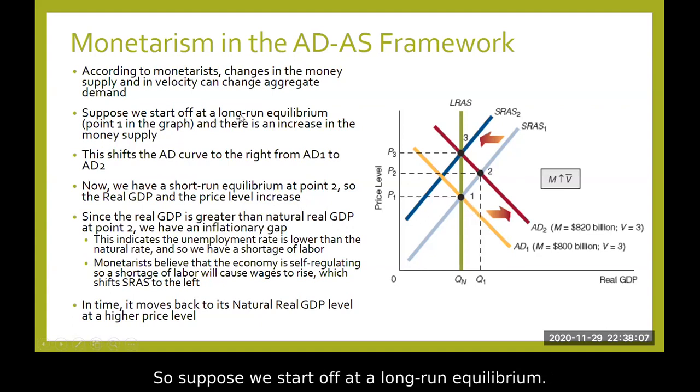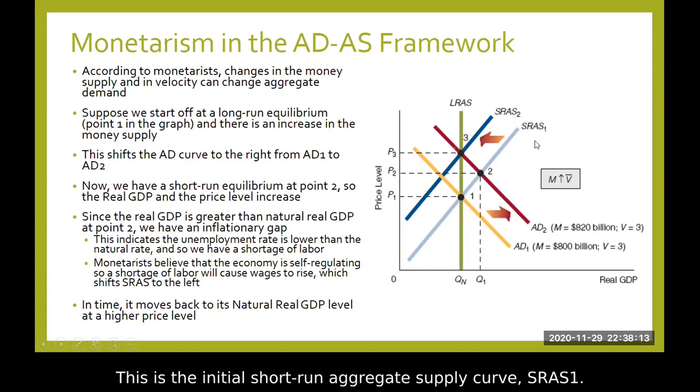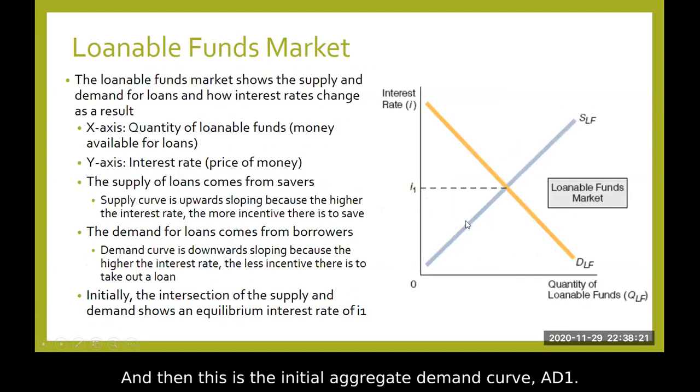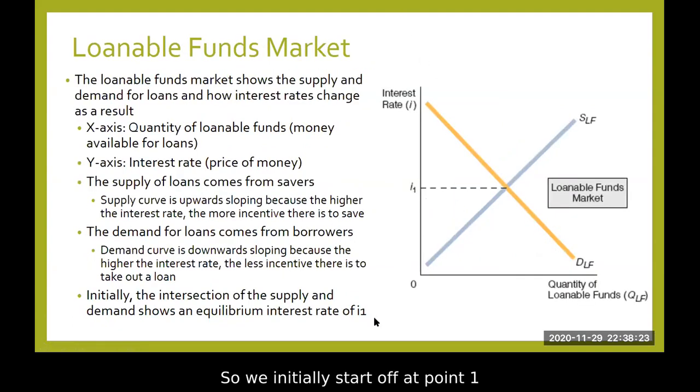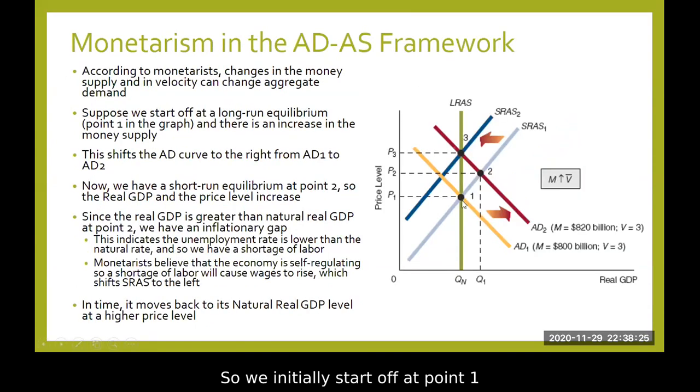So suppose we start off at a long run equilibrium. So this is our long run aggregate supply curve. This is the initial short run aggregate supply curve, SRS1. And then this is the initial aggregate demand curve, AD1.